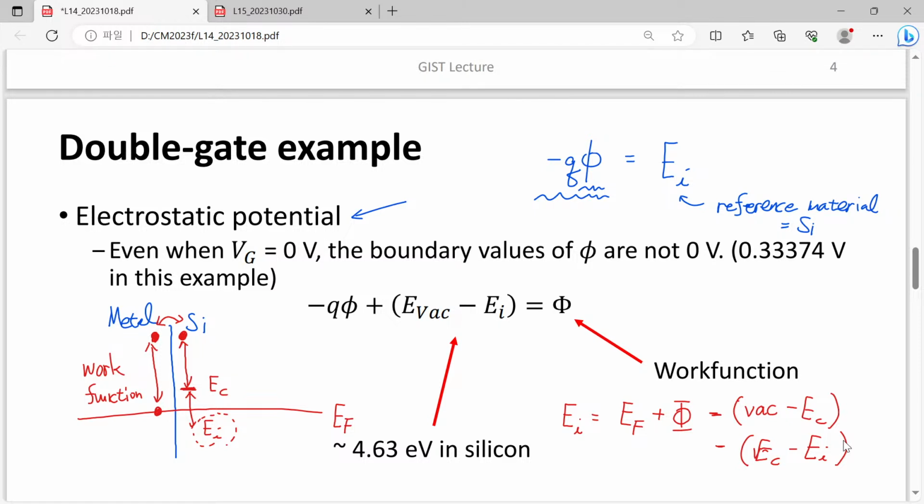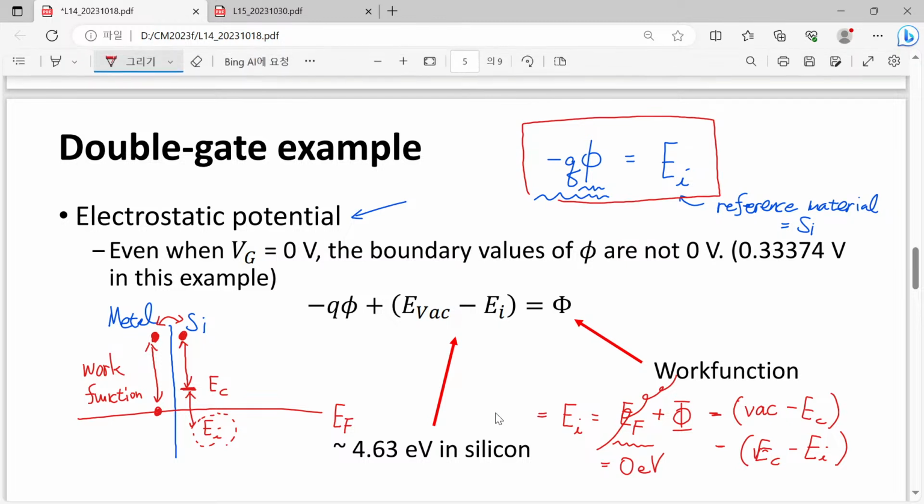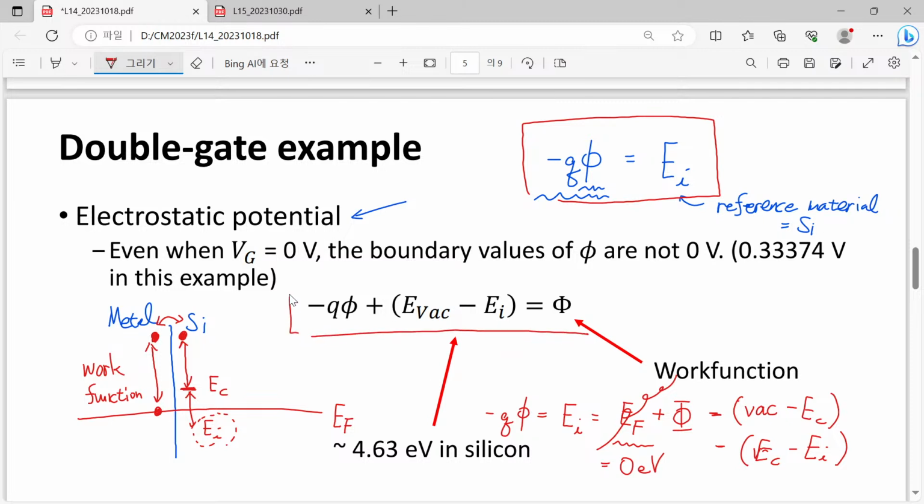Okay. So now everybody understands Fermi level can be defined as zero electron volt. In this case, we can keep this out, and also from this convention, the intrinsic Fermi level of our reference material is pointed out by our electrostatic potential. So now we can say that this quantity corresponds to this way. So now we have the relation like this.